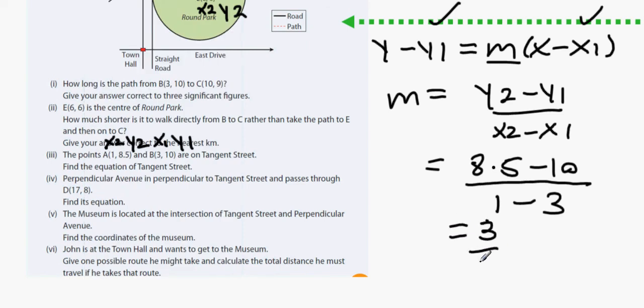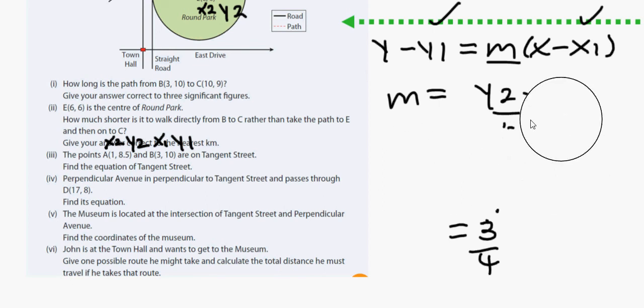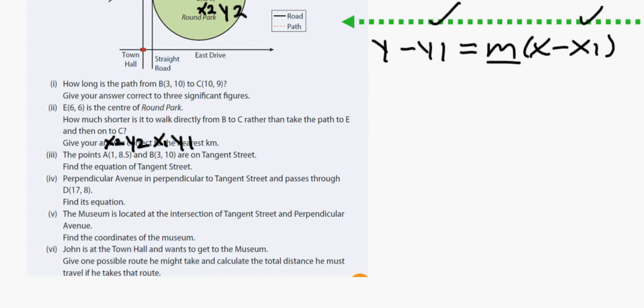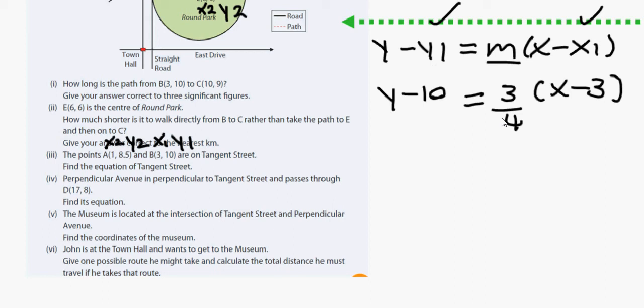Okay, so now that we have the workings for the slope done, all I've got to do is put my 3/4 for m. Now y minus y1 is going to be y minus 10, and that's going to be x minus x1, which is x minus 3. Now what we can do is divide by 4 on the right, which makes it multiply by 4 on the left.